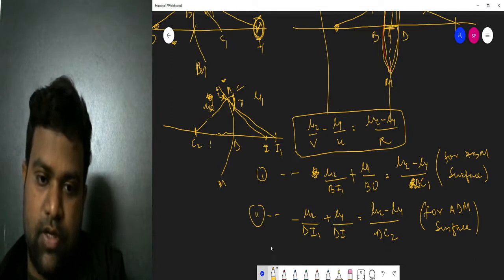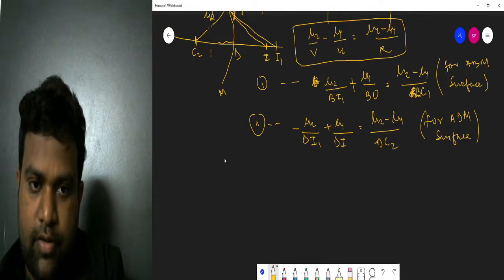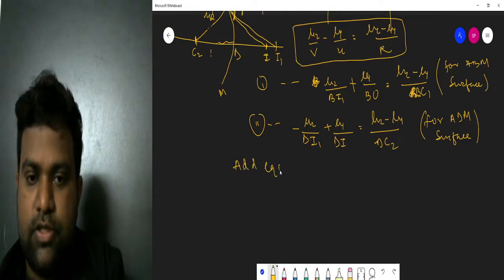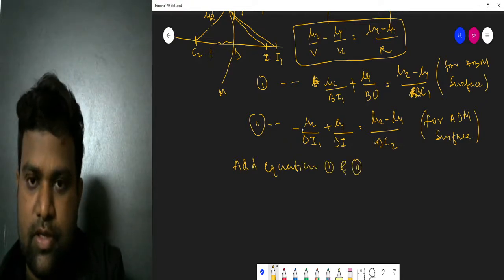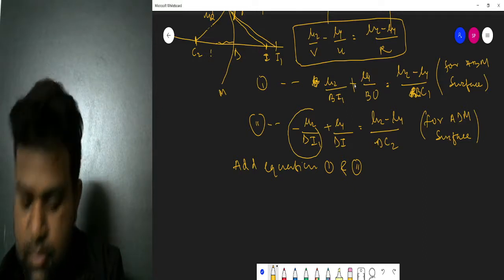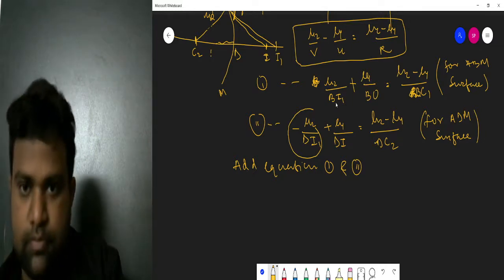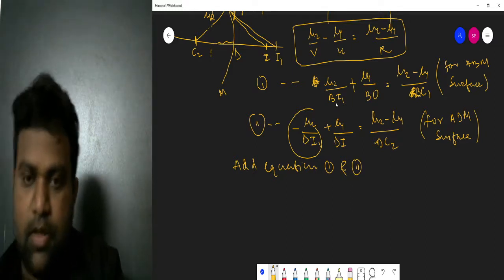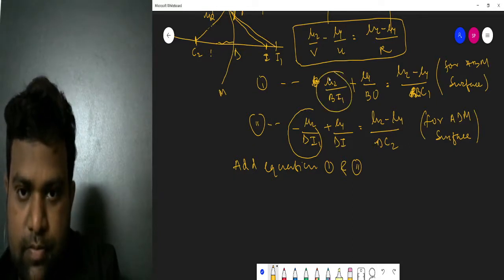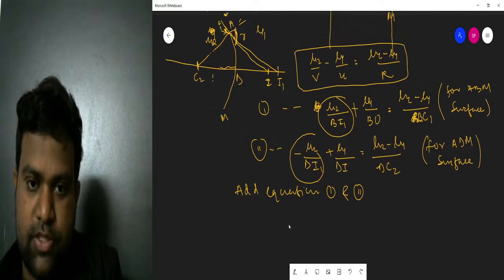Now add this equation 1 and 2. Okay, you add equation 1 and 2. See, what will happen on adding, this term and this term will cancel, because for a thin lens we'll use this approximation.